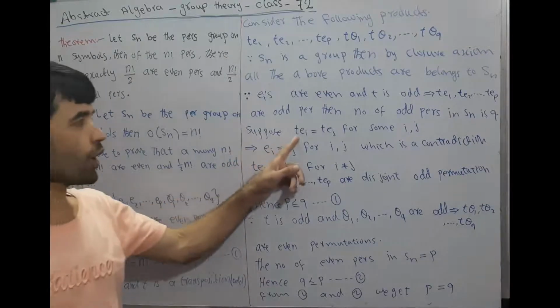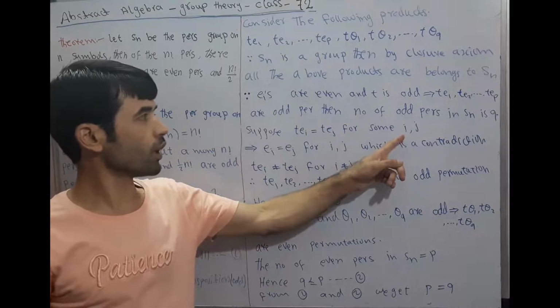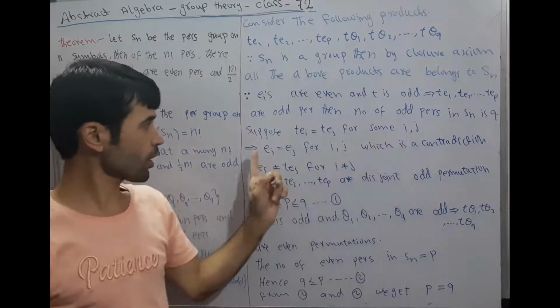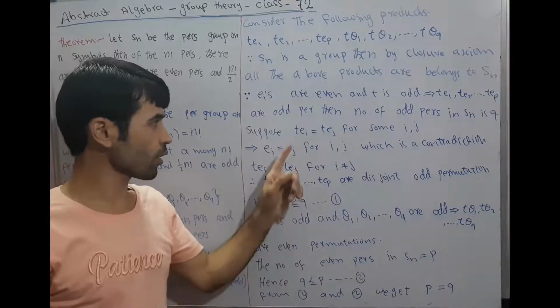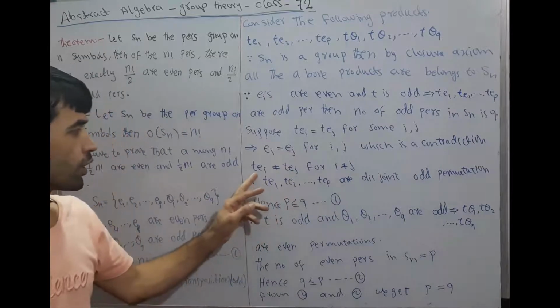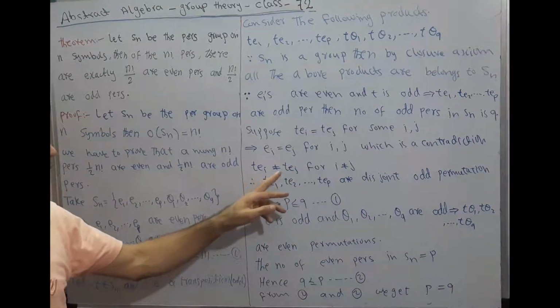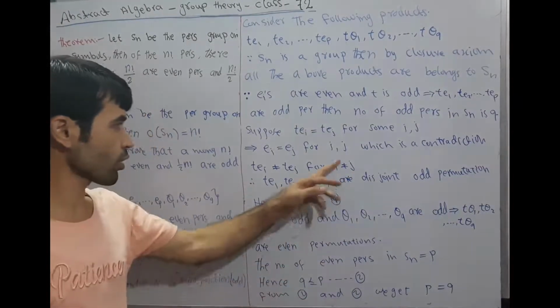Suppose T Ei is equal to T Ej for some i, j. This implies Ei is equal to Ej by the cancellation law, which is a contradiction because they are distinct. So T Ei is not equal to T Ej for i not equal to j.